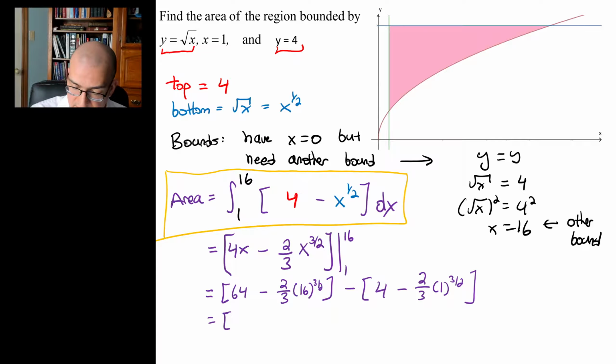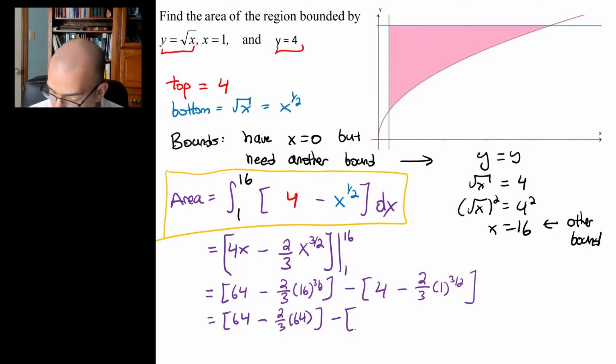Okay, so 64 minus 16 to the 3 over 2 power. So I'll use the power in the bottom first. The 1/2 power means square root. Square root of 16 is 4. We have 4 to the power of 3, which is 64. So 2/3 of 64.